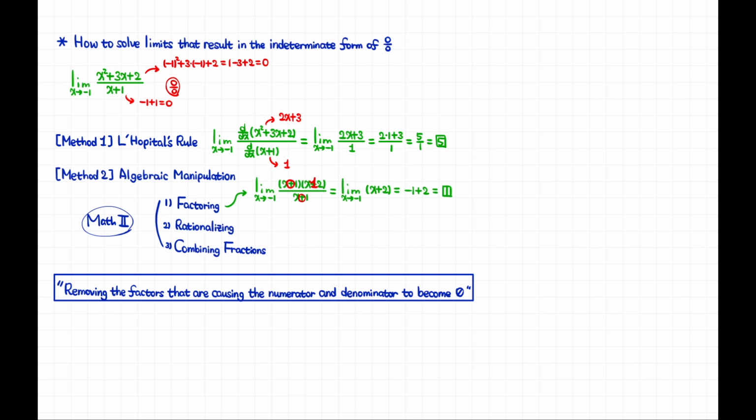And actually, sorry about that, I just realized that I made a small mistake earlier when I was doing the first method. I accidentally plugged in 1 instead of -1 for x. So yeah, the limit value I set was 5, and this is definitely incorrect.